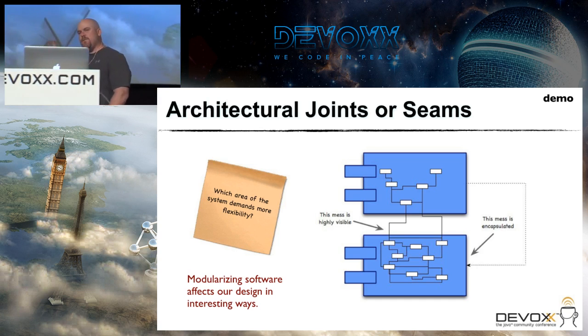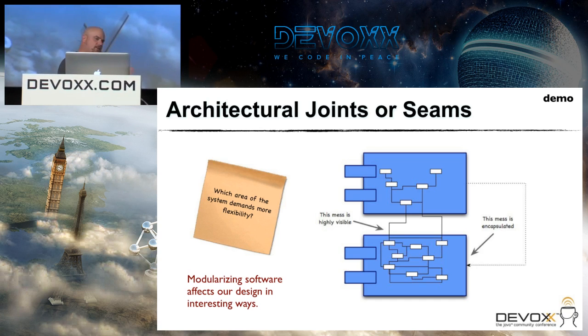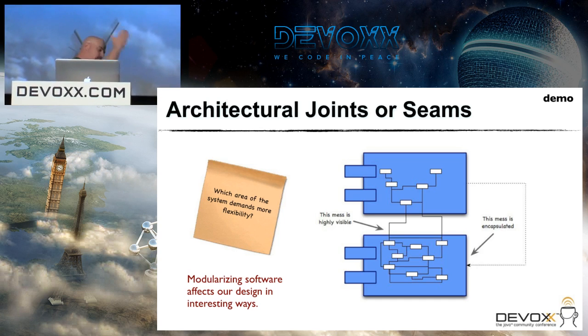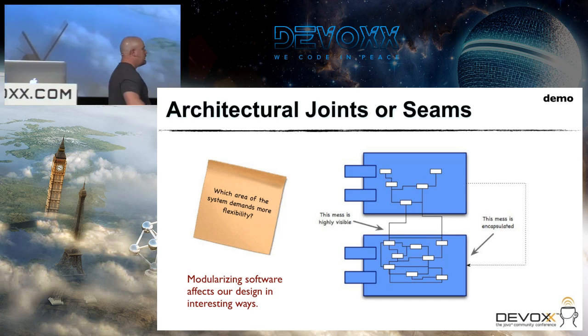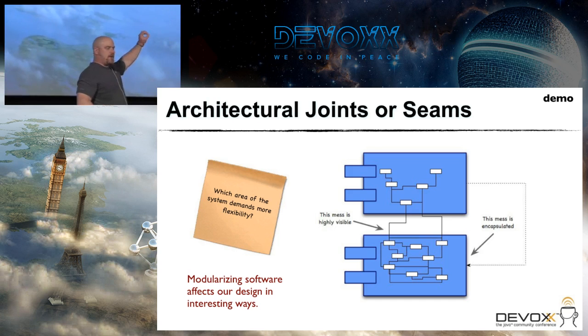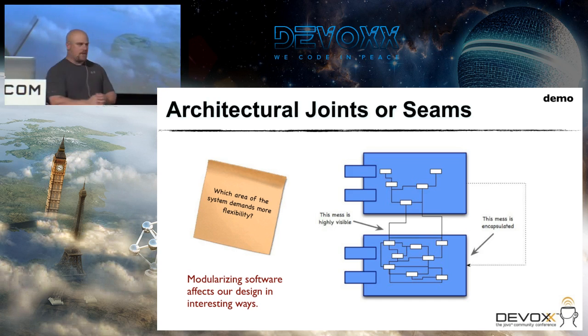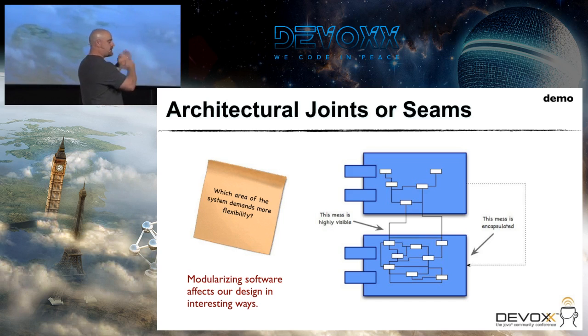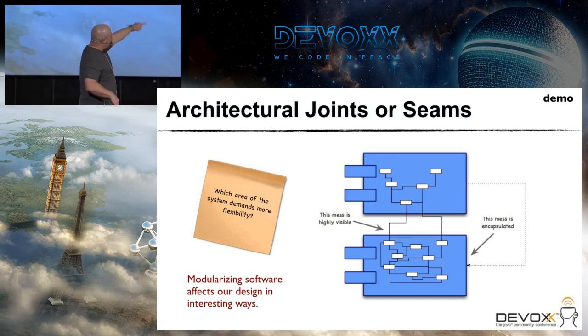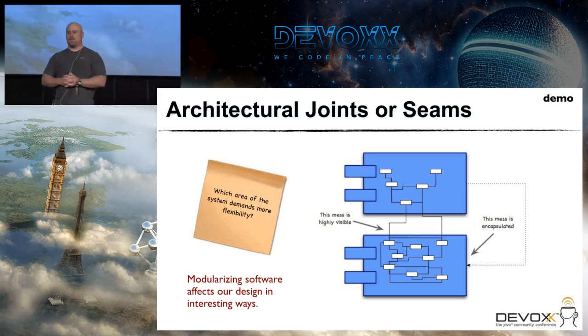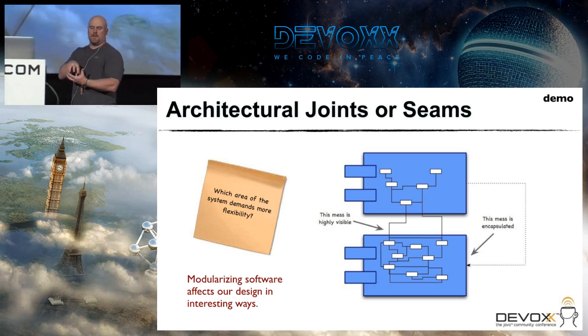If I don't focus on packages and modules and relationships between services, identifying the flexible areas of my software system is going to be more difficult. Because quite frankly, as I package these things up, I'll notice that anything inside of a particular module is going to be encapsulated.